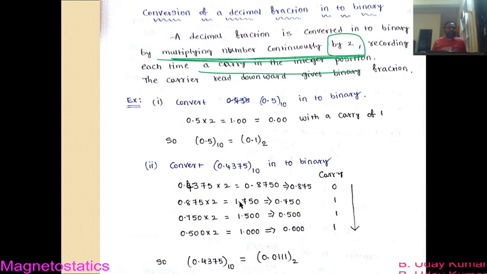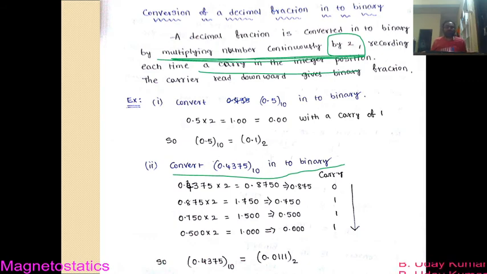Anyway, let us try to understand the decimal fraction conversion into binary fraction by taking another example. This example is going to be very useful to you because it gives a clear understanding of how we convert a decimal fraction into binary.